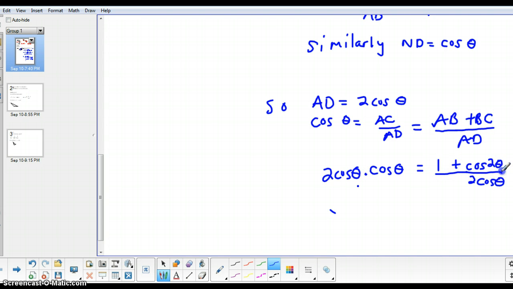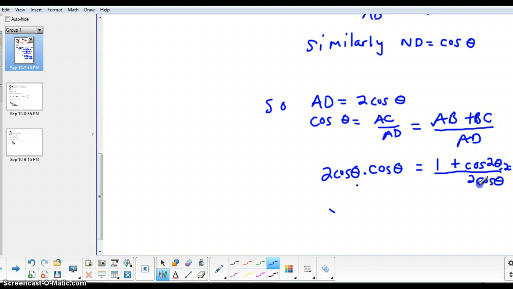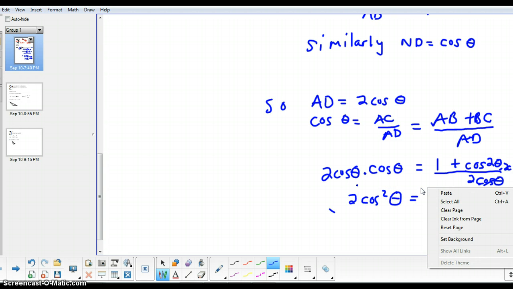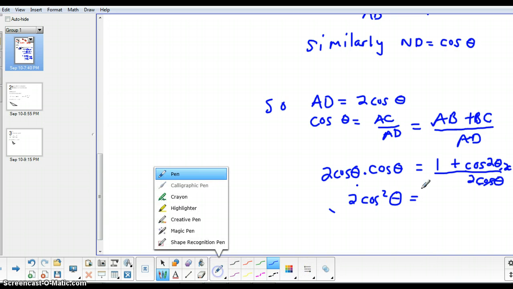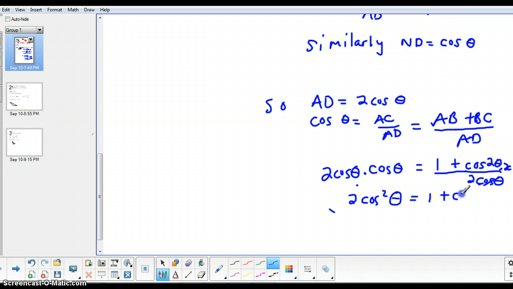I ran out of room here, but I think you know what I'm doing. If I wrote that all the way through, it would be 2 cosine theta, which would cancel here. Then 2 cosine theta times cosine theta would be 2 cosine squared theta. We're still trying to isolate cosine 2 theta, so one last step: we'll subtract 1 from both sides.